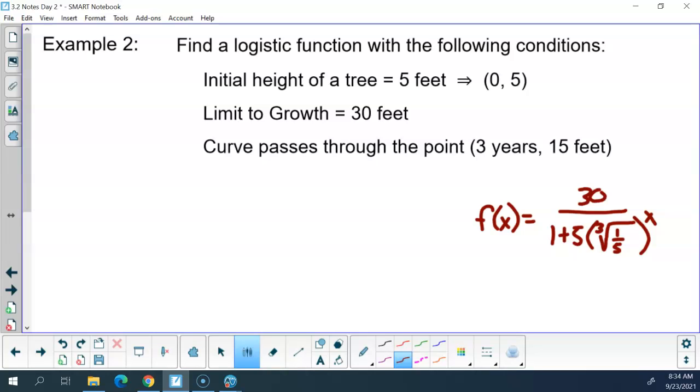If we wrote out the decimal version, 0.5848. Yep. So this would have been 30 over 1 plus 5 times 0.5848 to the x. The 5 would still stay out there. It can't be 5.58. You know what I mean? And you can't distribute that in.